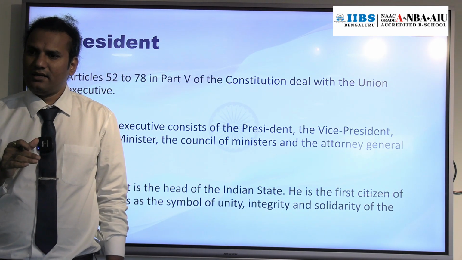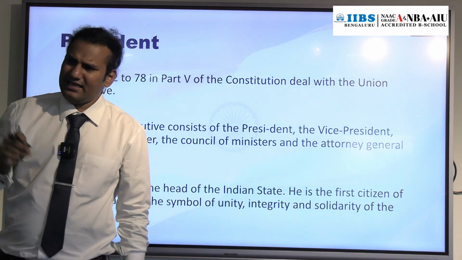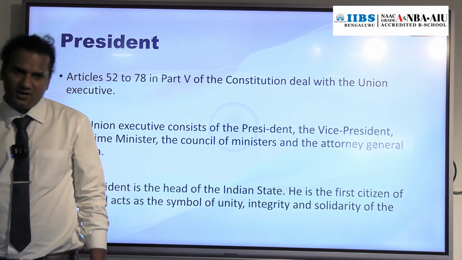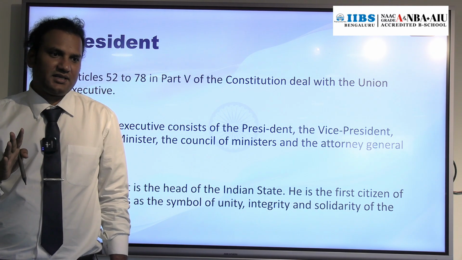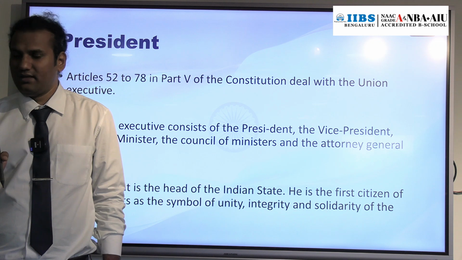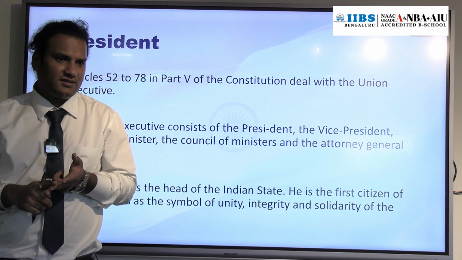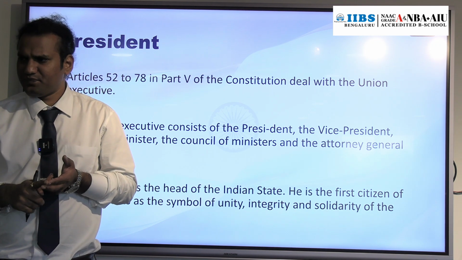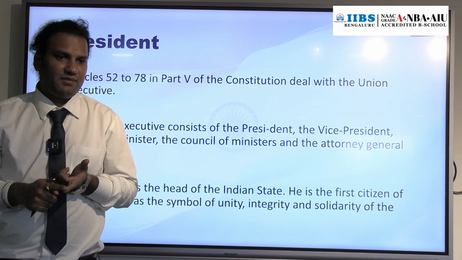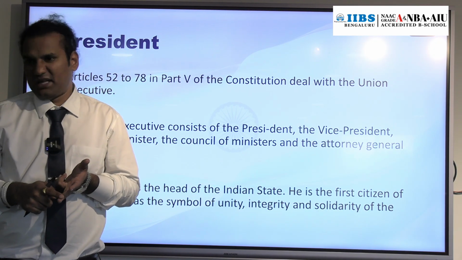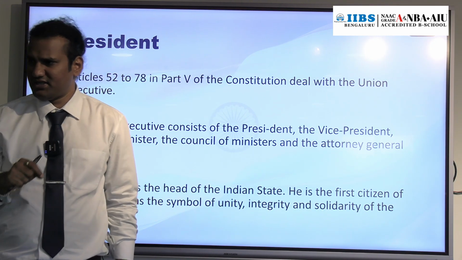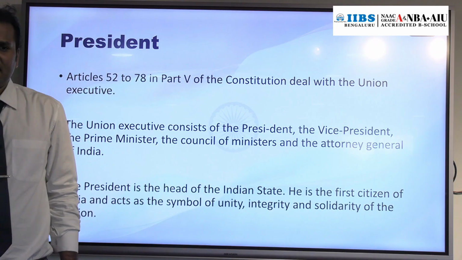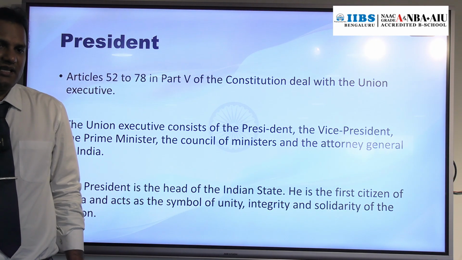In India we have a parliamentary form of government, so in a parliamentary form of government we have 2 types of head: one is the real head and another is the nominal head. The real head is the Prime Minister, the nominal head is the President. So Article 52 clearly states that there shall be a President of India.